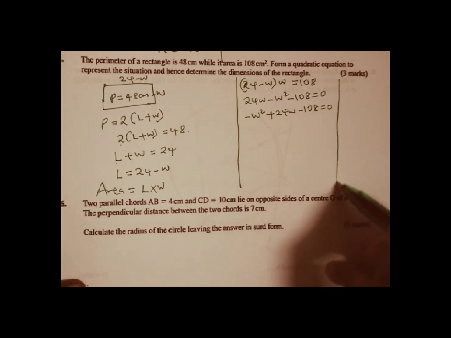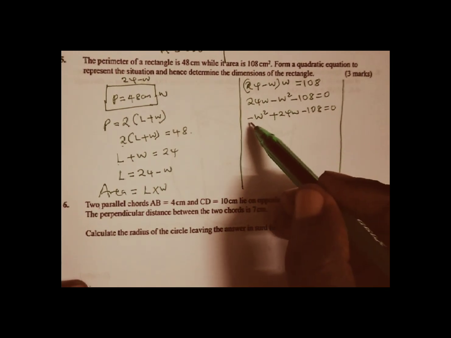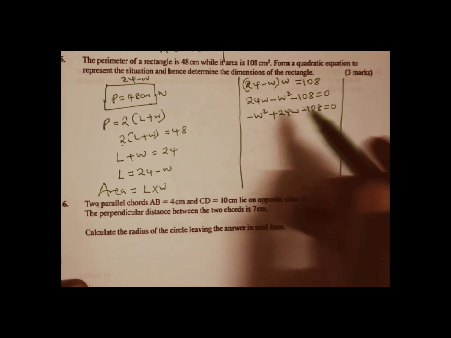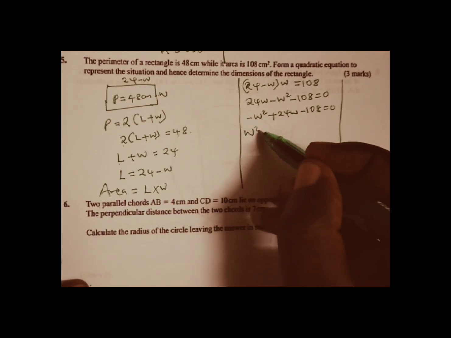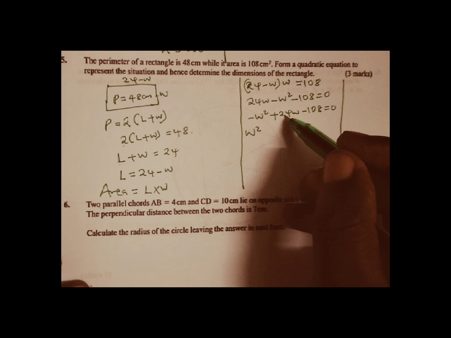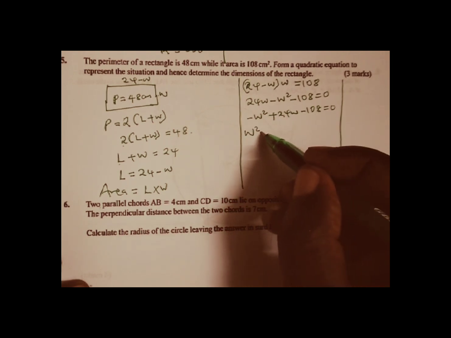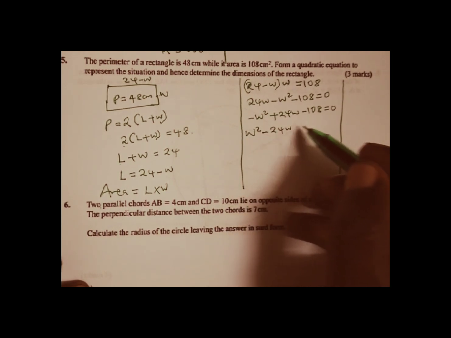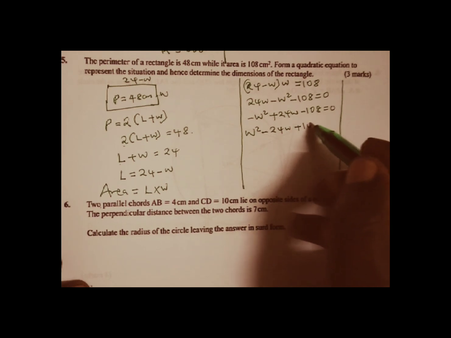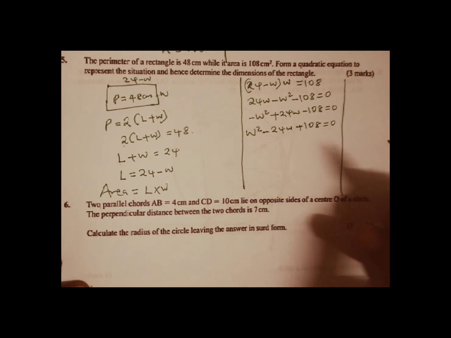From there now we can proceed with the question. If you divide all through by -1, we are going to have W squared minus 24W plus 108 being equal to 0.